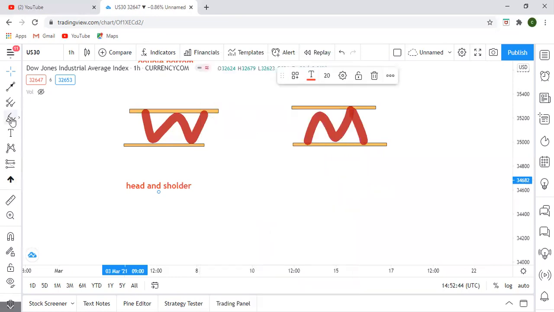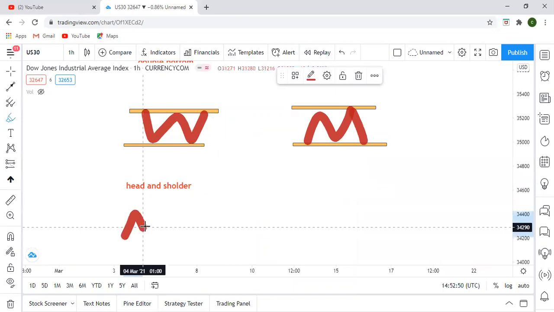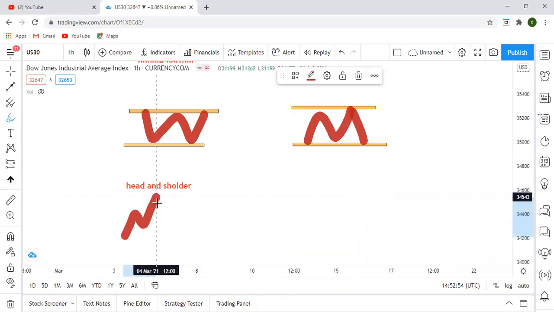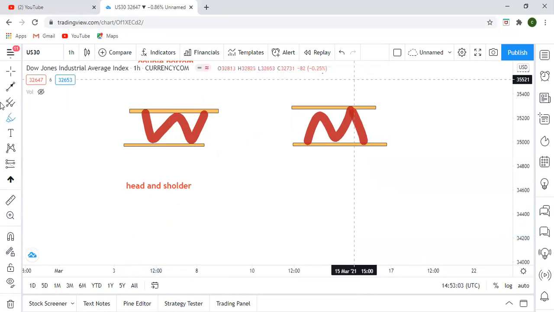Let's just draw your head and your shoulders. We have your right shoulder, and then a head, and then something like this, but let's draw it properly.